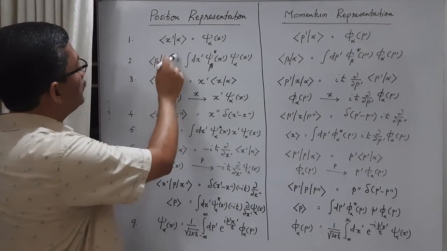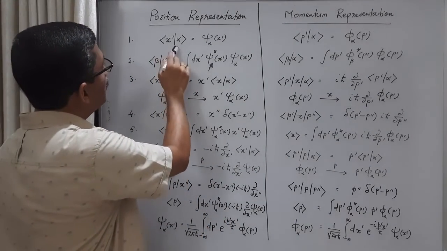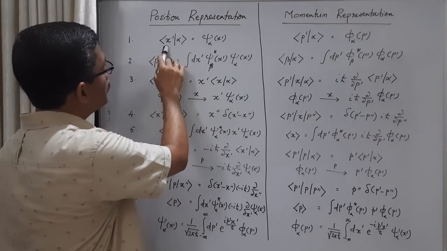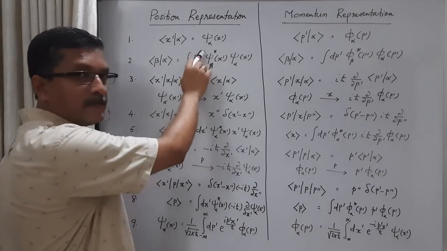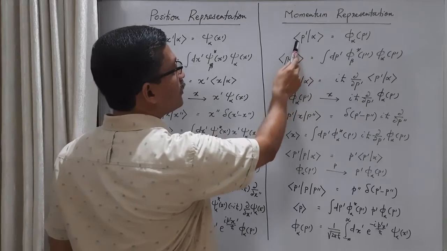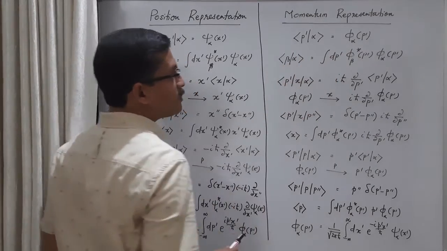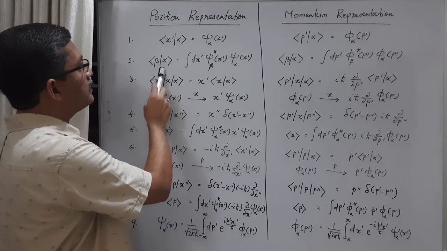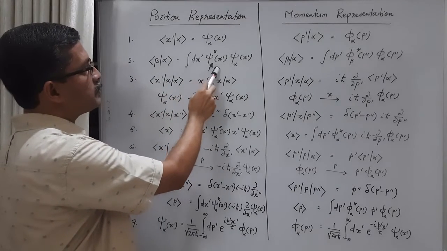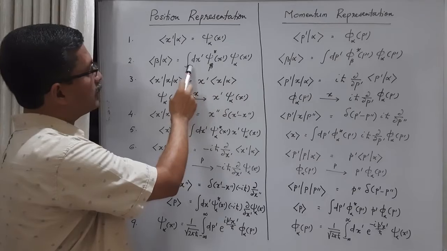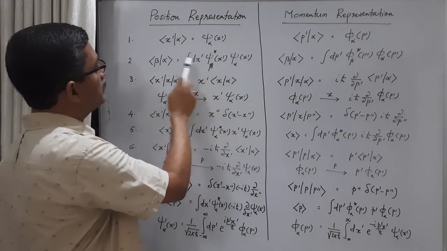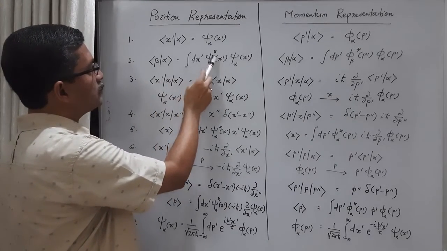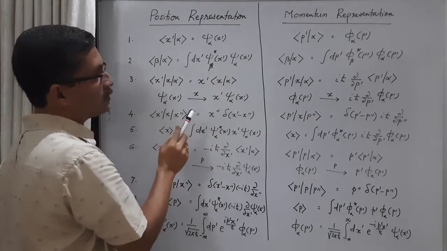So see here, for a general ket, if you take the component in position basis, we call it position space wave function. If you take the component in momentum basis, we call it momentum space wave function. The inner product between two general kets, if we express in terms of position space wave functions, will be like this: integral over x prime psi beta. This bra vector will appear as complex conjugate, the ket vector will appear as the same thing.